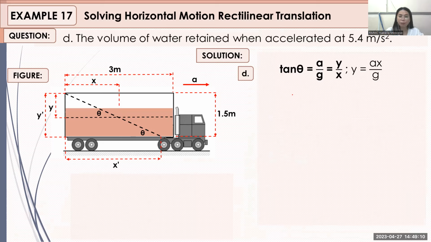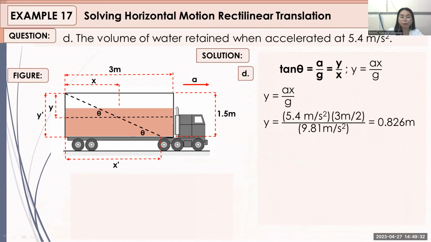So dito, i-prove pa rin natin na may spillage talaga. Okay? So this is 5.4 divided by 9.81 is equals to y over 3 divided by 2. So what is the value of your y? Okay, so the value of your y, that is 0.826.